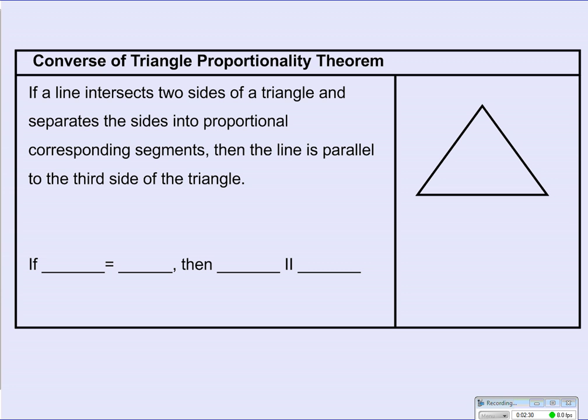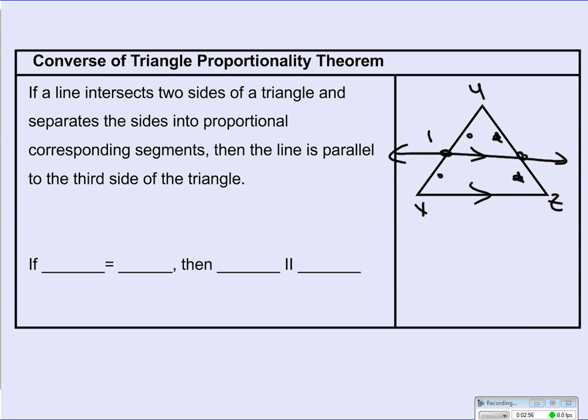So flip that around, saying this. Now, once again, I have a triangle. This time I happen to draw a line through it. And in doing so, I happen to put these in proportion. Then if I do that, then I can say they're parallel. So it's just kind of the same thing, just flipped around.